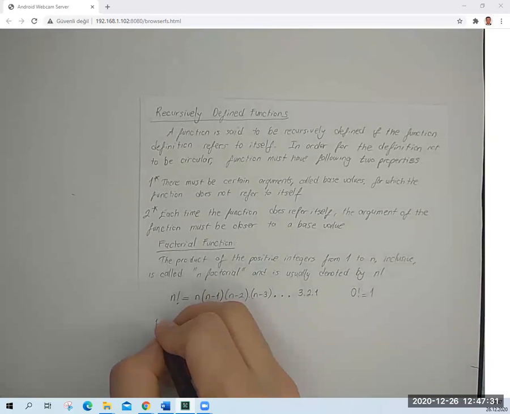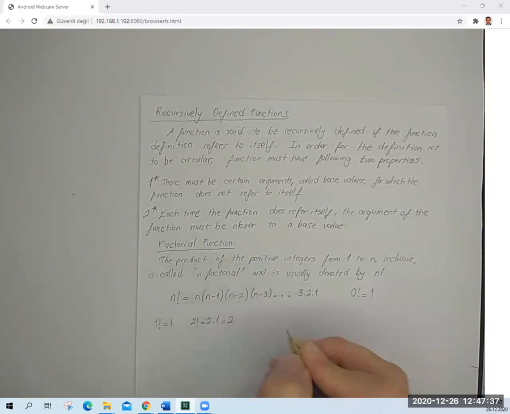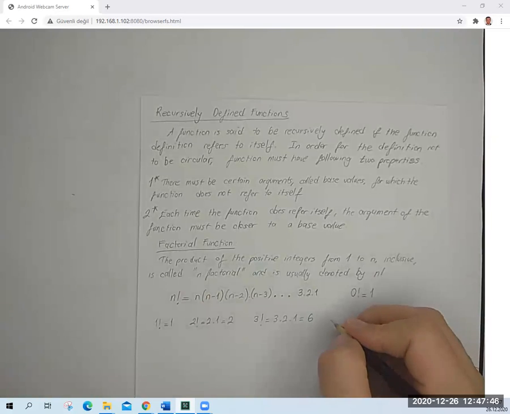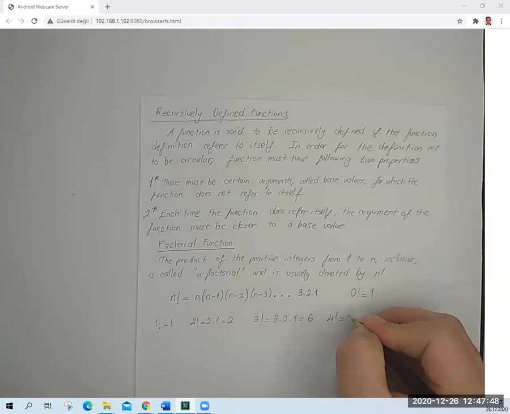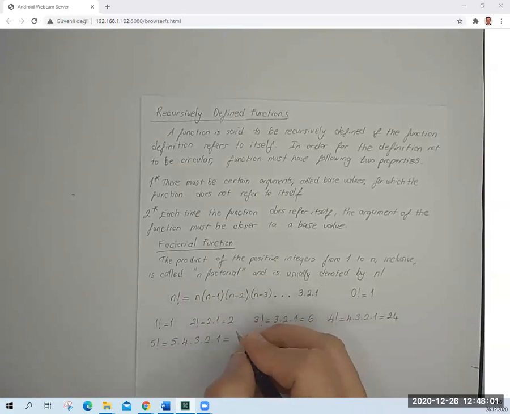0 factorial is equal to 1, and 1 factorial is 1. And 2 factorial is 2 times 1, equal to 2. 3 factorial is 3 times 2 times 1, equal to 6. 4 factorial is 4 times 3 times 2 times 1, equal to 24. 5 factorial is 5, 4, 3, 2, 1, equal to 120.